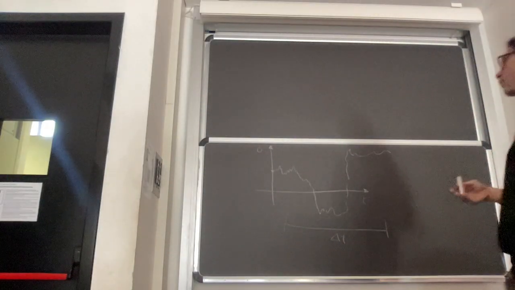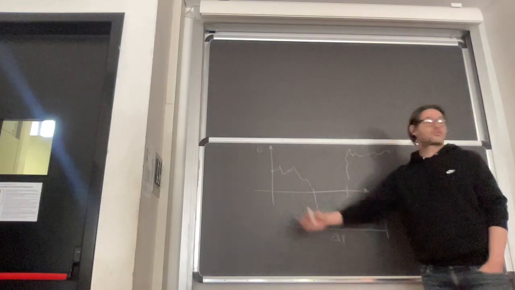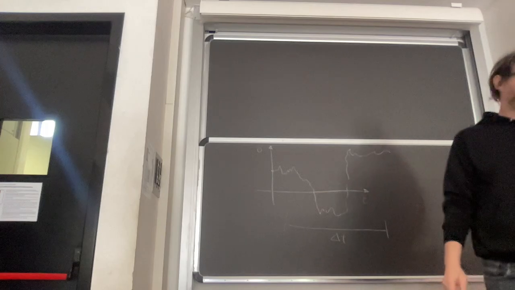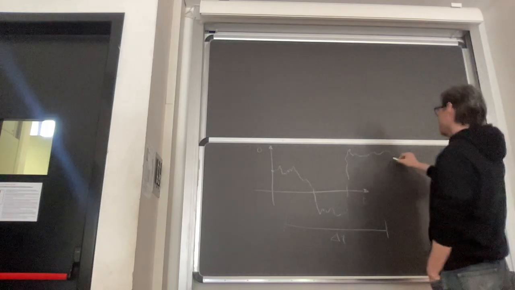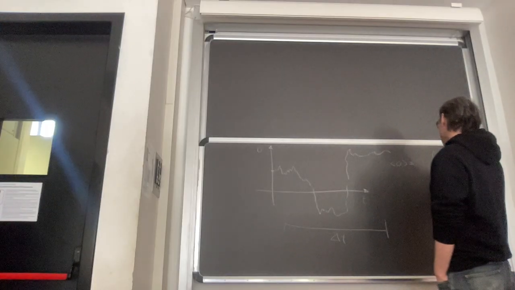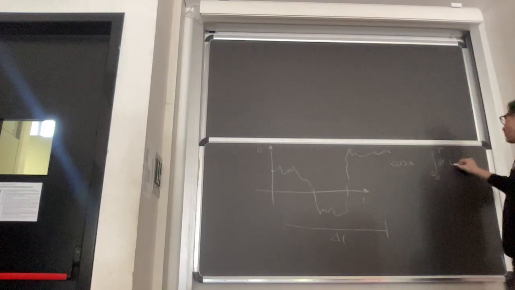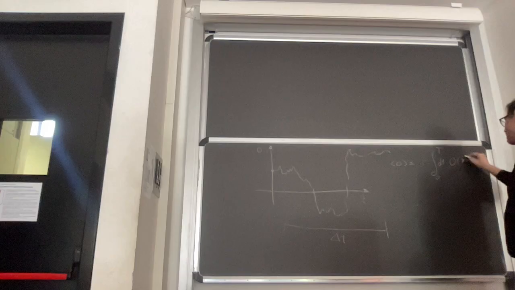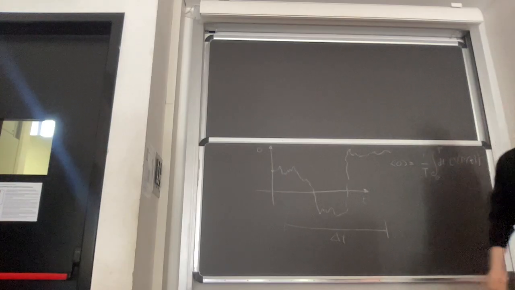So clearly, when we measure this system, we implicitly are measuring a time average over a time interval delta T. So first of all, it makes a lot of sense to define a time average, which is the integral from 0 to big T of the microscopic observable as a function of the phase space coordinates divided by the time interval. This is called the time average, right?